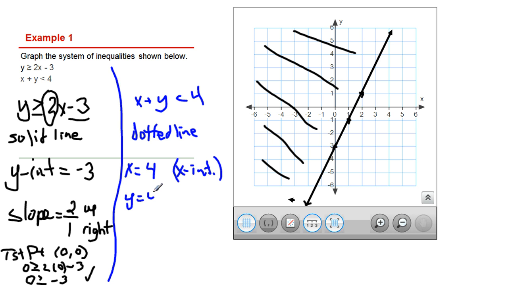Again, these are two different points. One's on my x-axis, one's on my y-axis. So x is 4, y is 4. Okay? We're going to have this. That was just terrible.